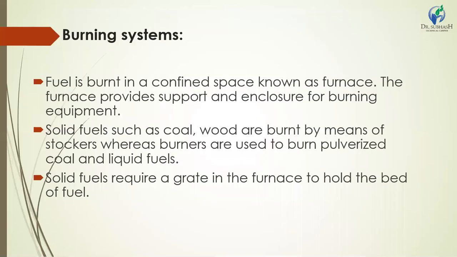In the burning system, fuel is used in the boiler, mostly coal. The fuel is burned in a confined space called the furnace. It provides support and enclosure for the burning equipment.